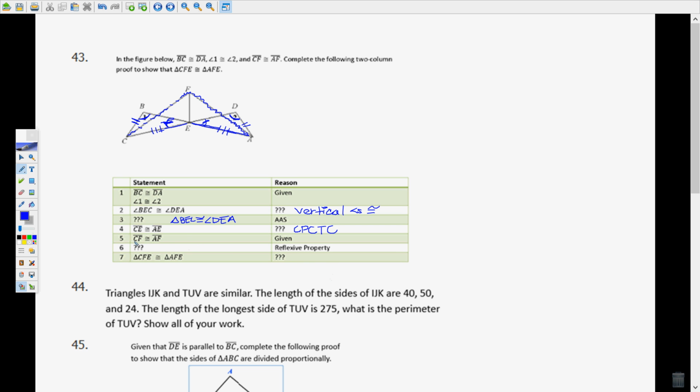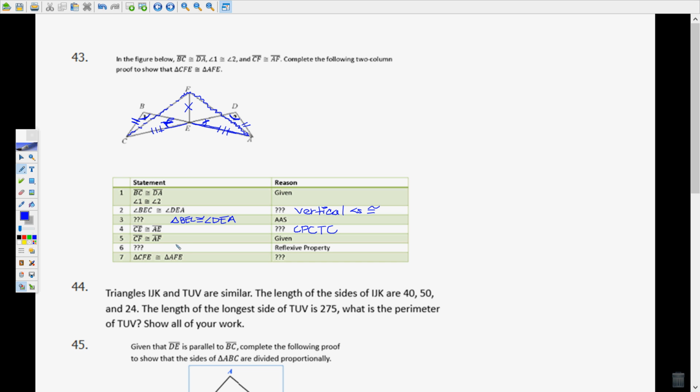Alrighty, cool. Then CF is equal to AF because it's given, so they're bringing that back up. So the squiggly lines are congruent. These are congruent with a 3. Now, what can we say is congruent by the reflexive property that will help us prove the triangles are congruent? That thing right there is equal to itself.